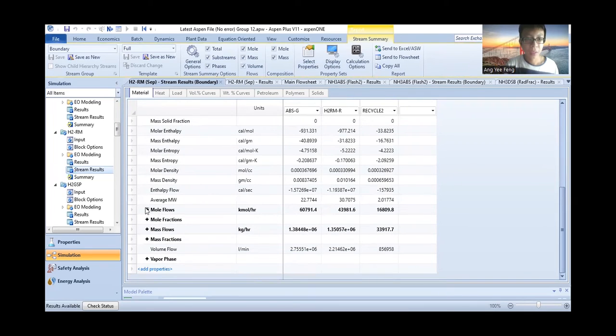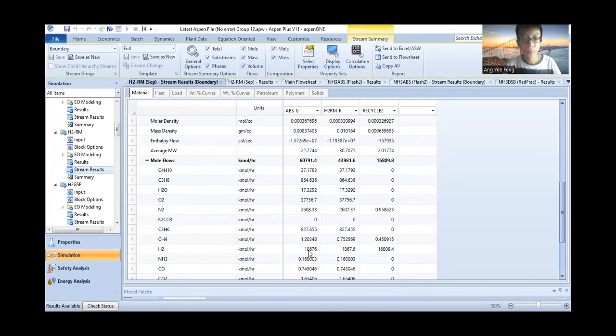We successfully extracted more than 90% of the H2, which is 16808.4 from a total of 18676, and the remaining is 167.6 H2.